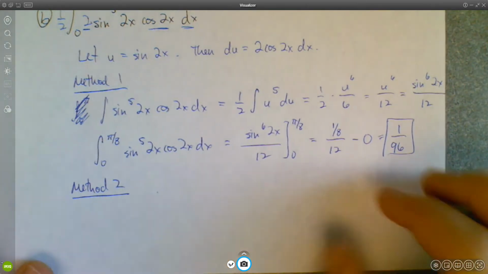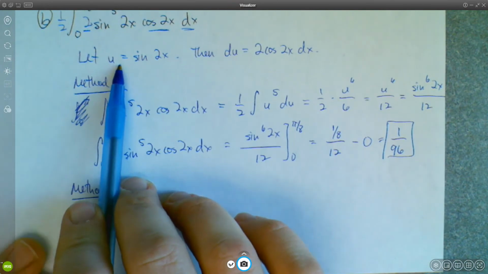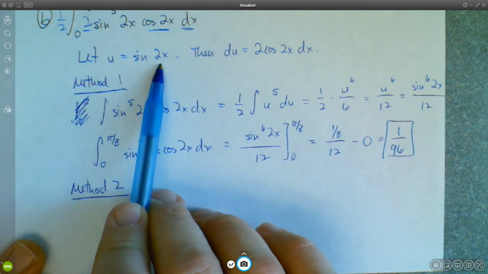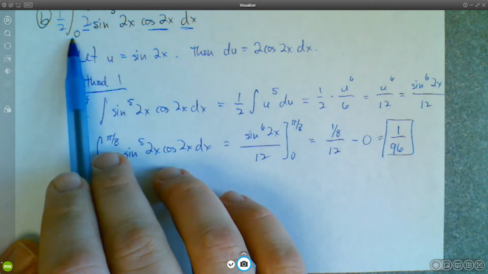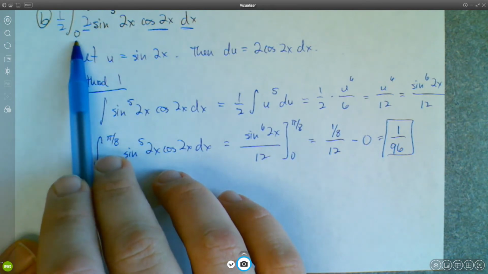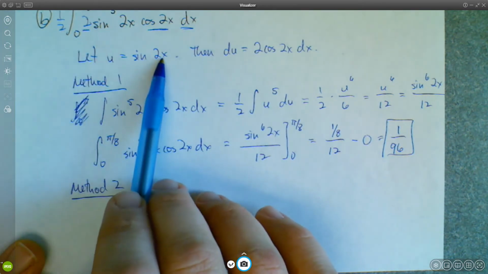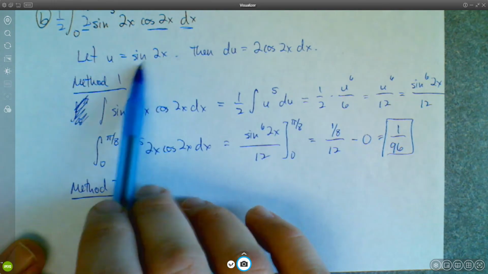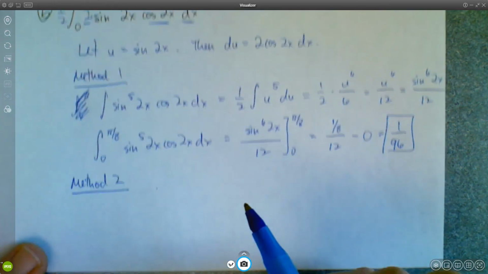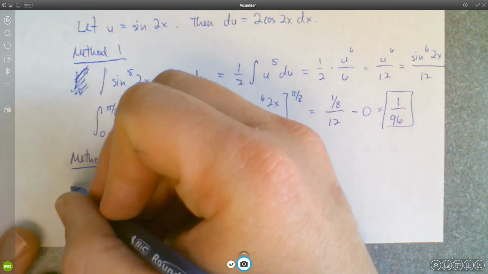For method 2, I'm just going to continue on with my u substitution and say, okay, so if u is sine of 2x, and if x is 0, then u is going to be sine of 2 times 0, that's sine of 0, that's 0. So u is going to be 0. Maybe I'll write it this way.